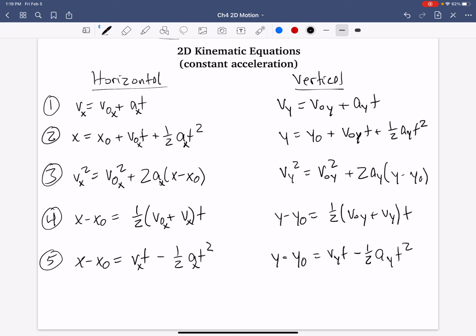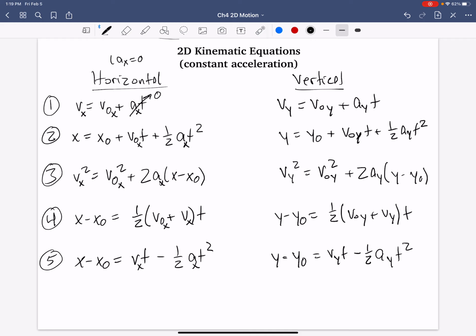Now I have them both, the exact same equations, in either the horizontal or the vertical. Let's see what cancels out. If we're talking about chapter 2 or chapter 4 with two-dimensional kinematics, we're only talking about the gravitational force in the y direction. So there's only acceleration in the y direction, which means that ax is 0.